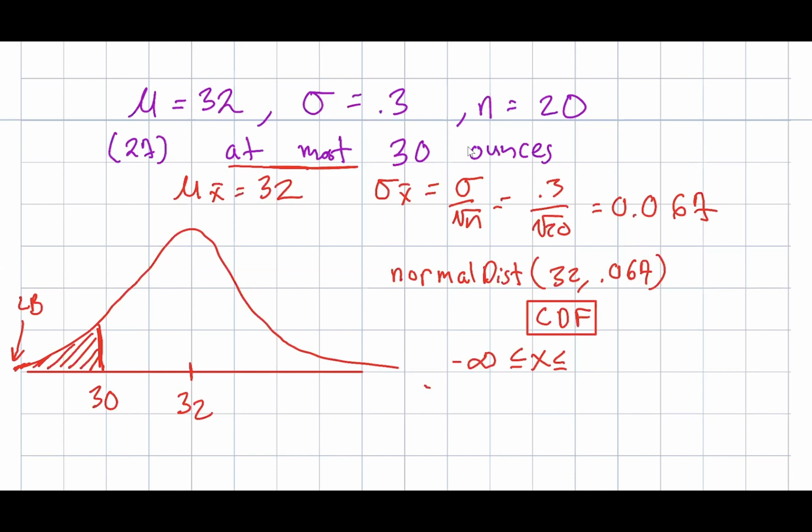If you're using the TI-83, you want to put negative 10 to the 10 power. The upper bound is essentially cut off at 30. So for this one, you do 30. All right. Any questions so far? I got normal distribution 32, 0.067, CDF negative infinity all the way to positive 30.